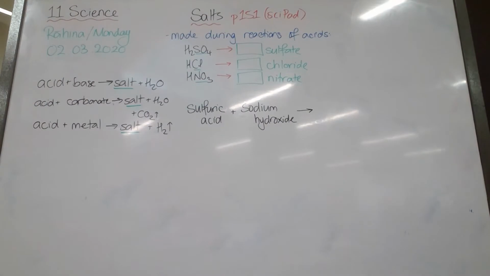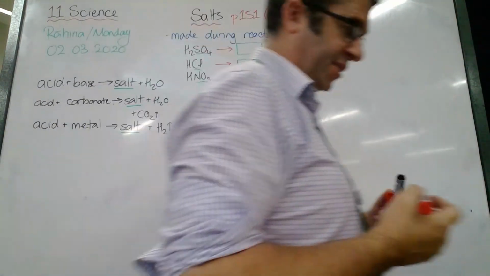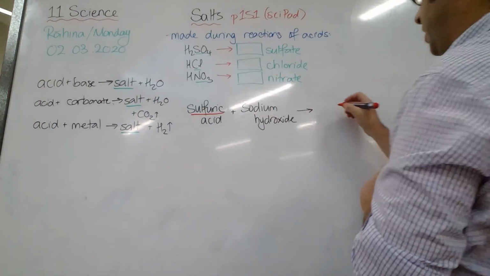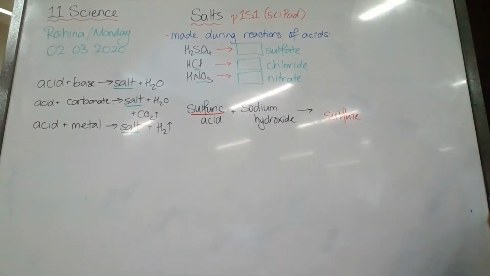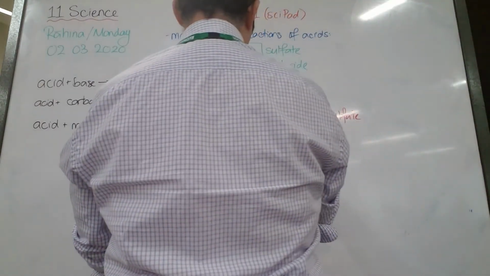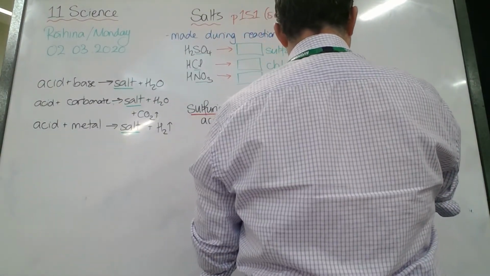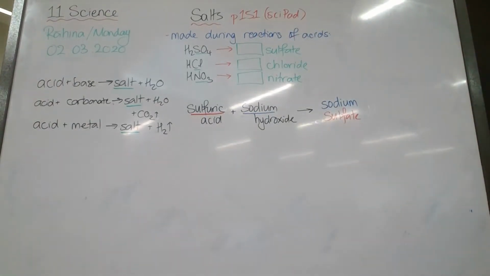The sulfuric acid gives us that it's something or other sulfate, and it's the sodium bit of sodium hydroxide that gives us the other name. So the salt we make is sodium sulfate.